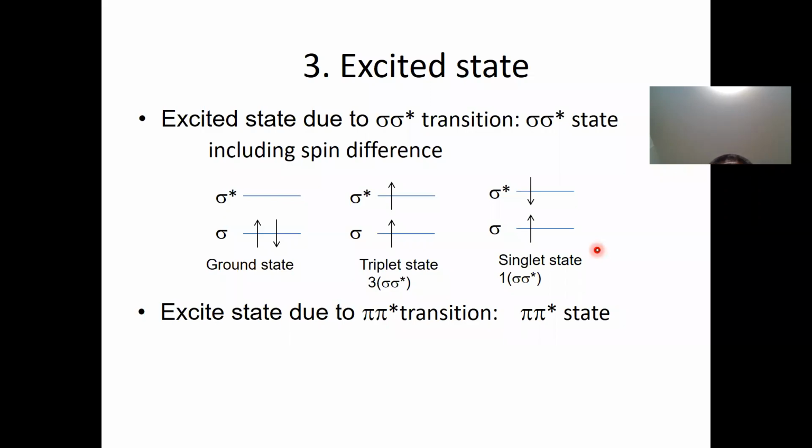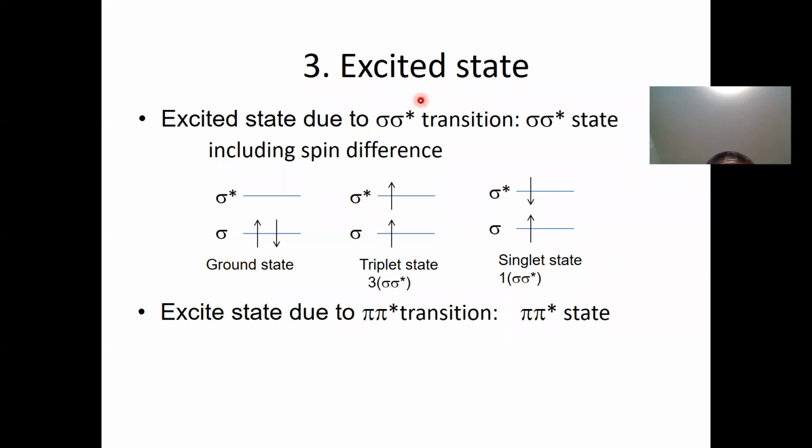In this third lecture, we are going to study excited state. Excited state is quite important in photochemistry because in any photochemical reaction, the reaction starts from excited states.